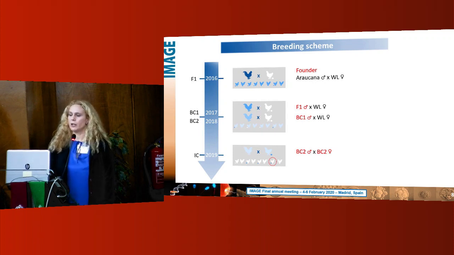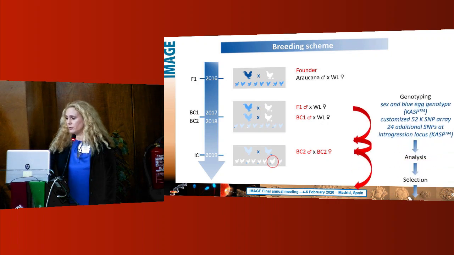We start with an initial F1 generation, followed by 2 back-crossing generations and a final intercross generation, aiming at a final animal, a high-performing blue layer, White Leghorn-like line, which is homozygous for the blue eggshell color.